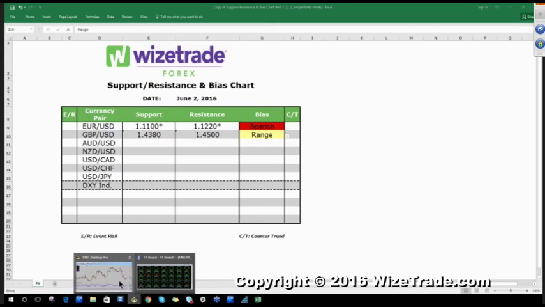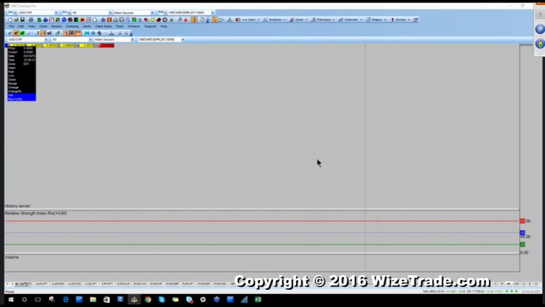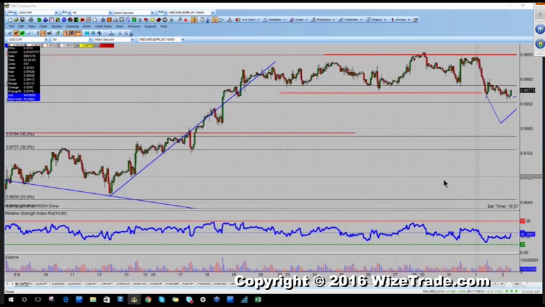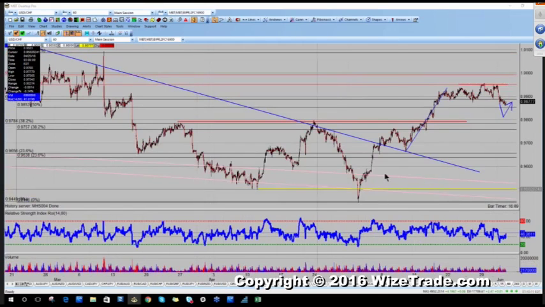Let's do the Swissy really quick before the ECB decision. Here's the Swissy, and believe it or not, it's trying to pull back, and I'm really hoping we pull back towards 98 cents. I don't know though. Let's take from these lows.